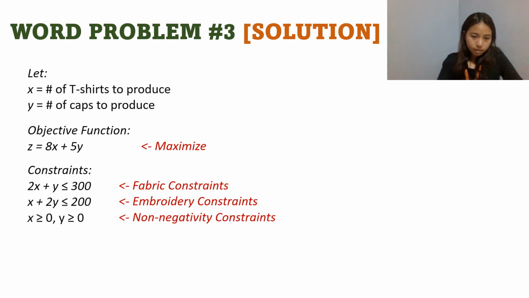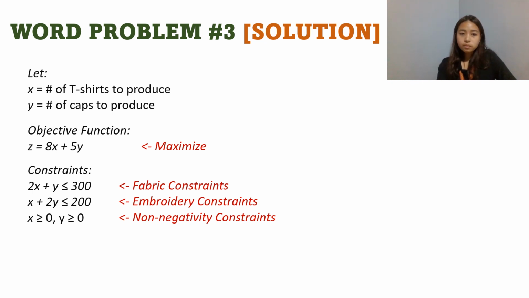These are the constraints. The fabric constraint: the total fabric used should not exceed the available fabric, so 2x + y ≤ 300. Second is the embroidery constraint: the total embroidery thread used should not exceed the available thread, so x + 2y ≤ 200. The non-negative constraint is x ≥ 0 and y ≥ 0.